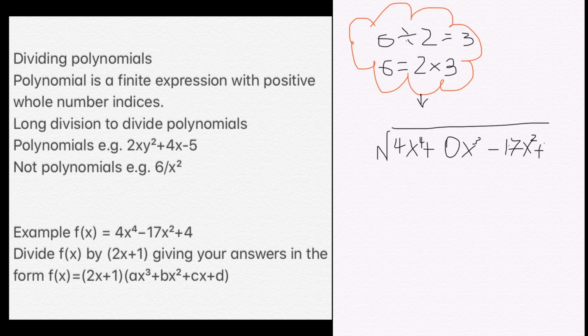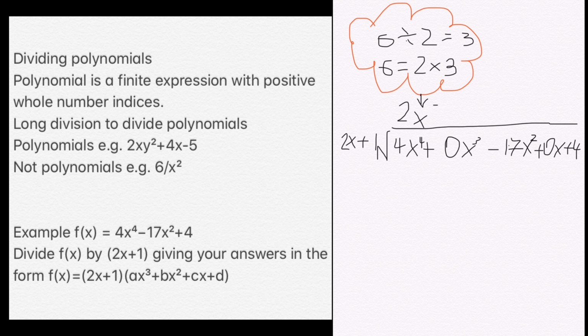So 2x multiplied by 2x cubed gives us 4x to the power 4, and 1 times 2x cubed gives us 2x cubed. So you will subtract these two values from 4x to the power 4 plus 0x cubed.